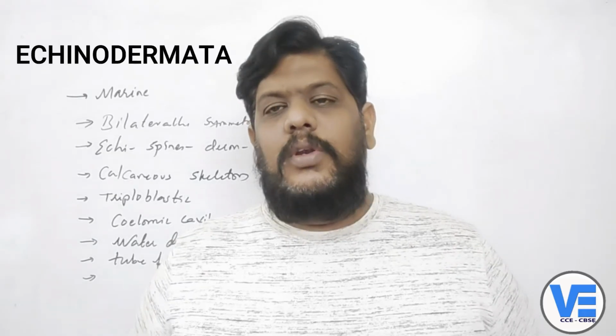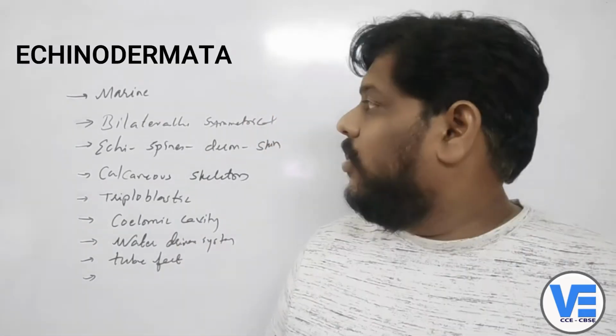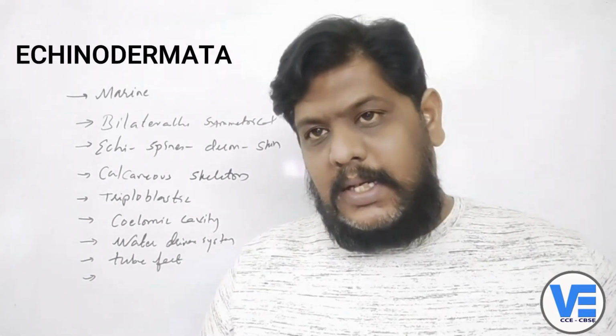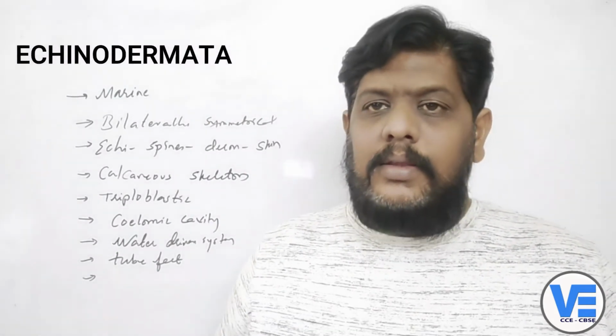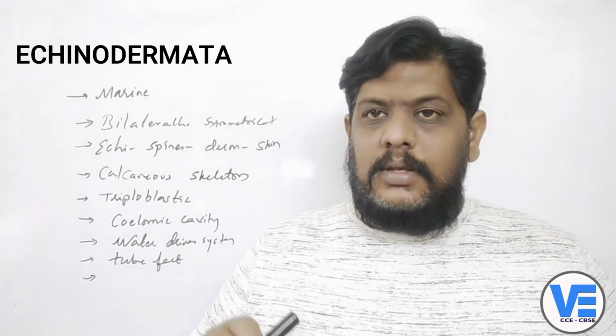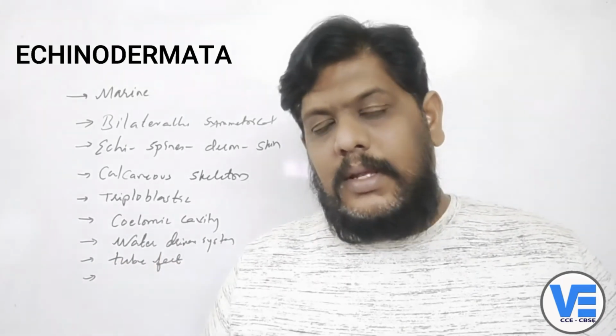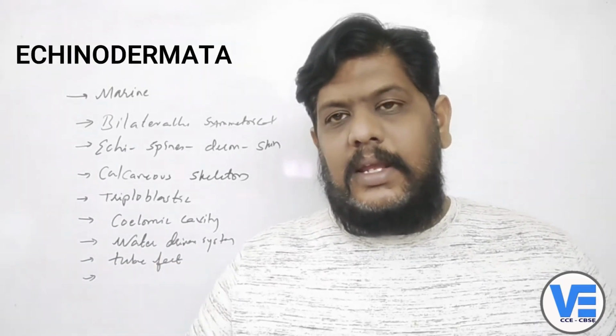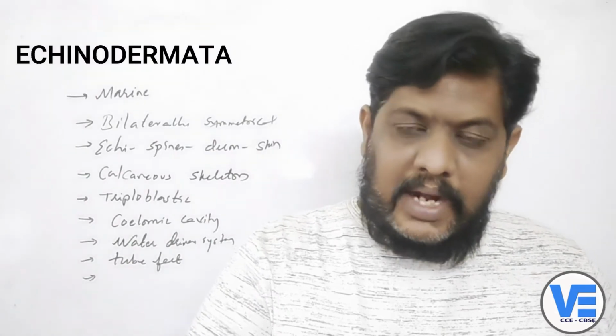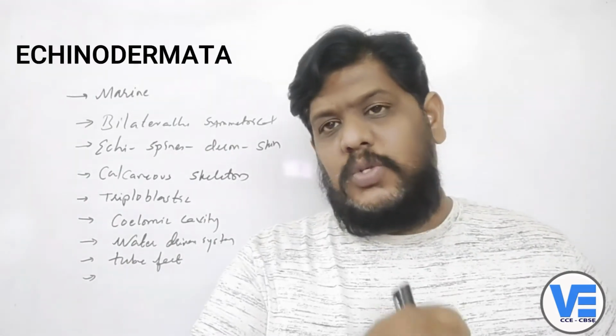Okay, children, now we will talk about the next phylum which is called the Echinodermata. So unlike the molluscans, they live in the marine water. In the sense, molluscans, they live in the marine water as well as in the fresh water, right?